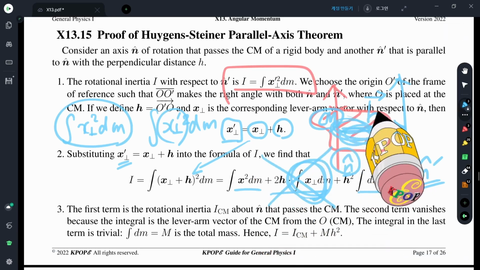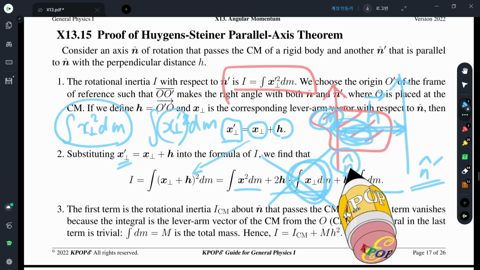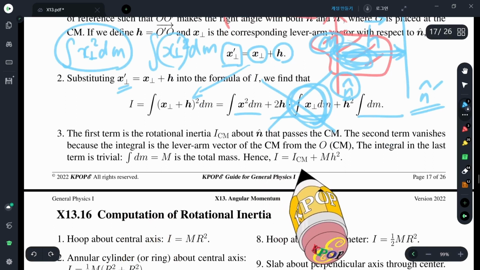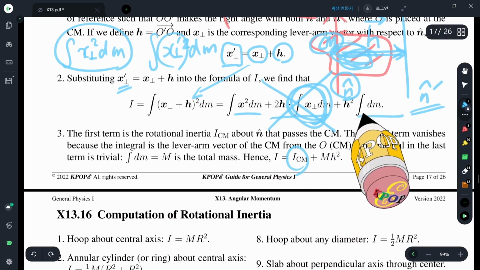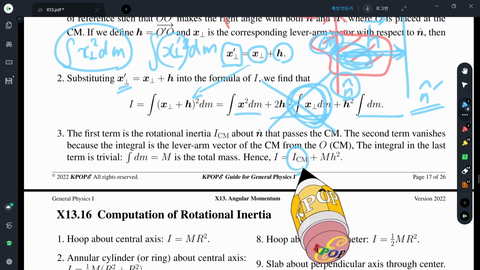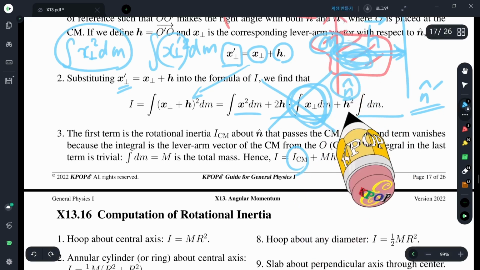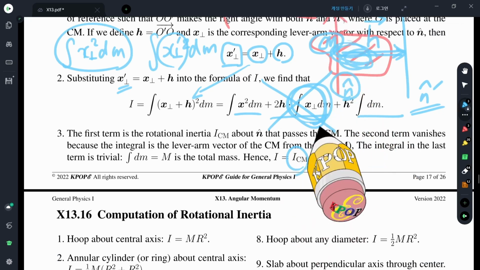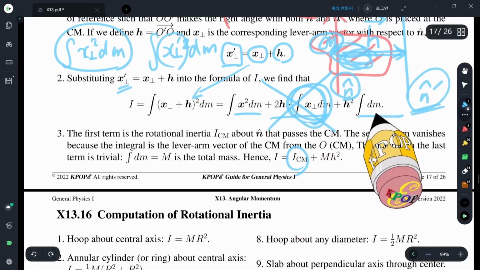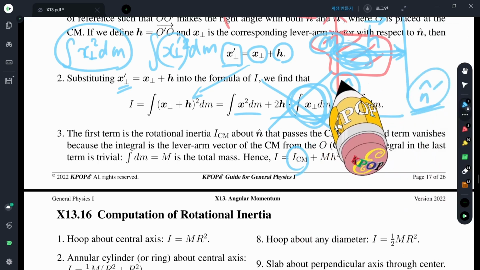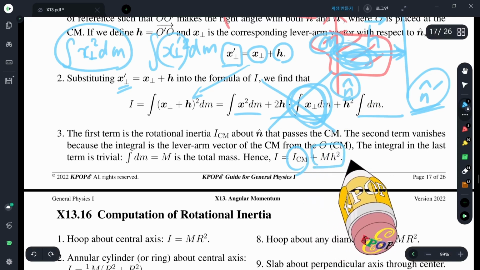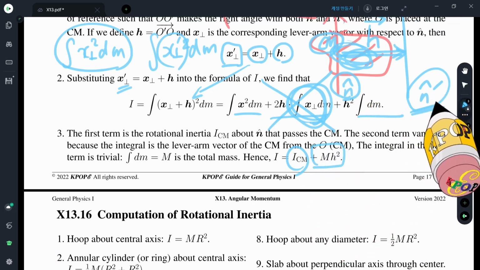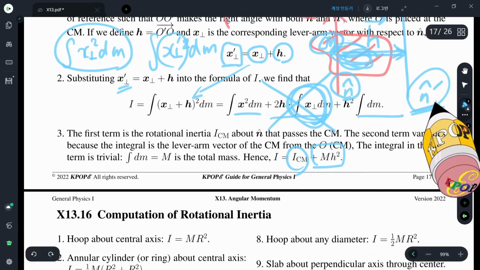It does not have any perpendicular distance from the n hat. That's the reason why we know the rotational inertia about n hat is the same as that about n prime, which is parallel to this axis, except that there is an additional piece that should be added to get the value for n hat prime.